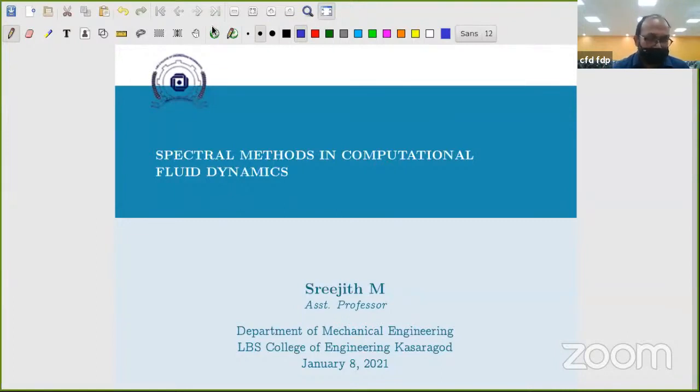The second session of the last day of FDP is on spectral methods in computational fluid dynamics. We have with us Professor Srijit M from the Department of Mechanical Engineering, LBS College of Engineering, Kasaragod. He did his BTech from NSS College of Engineering, Palakkad, and MTech in thermal science from College of Engineering, Thiruvananthapuram.